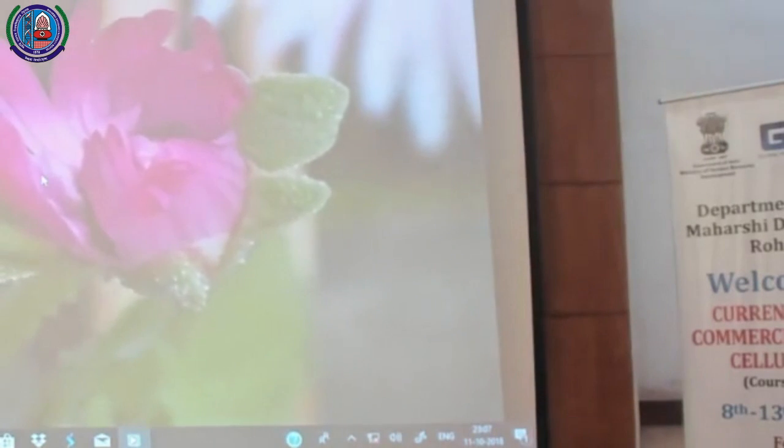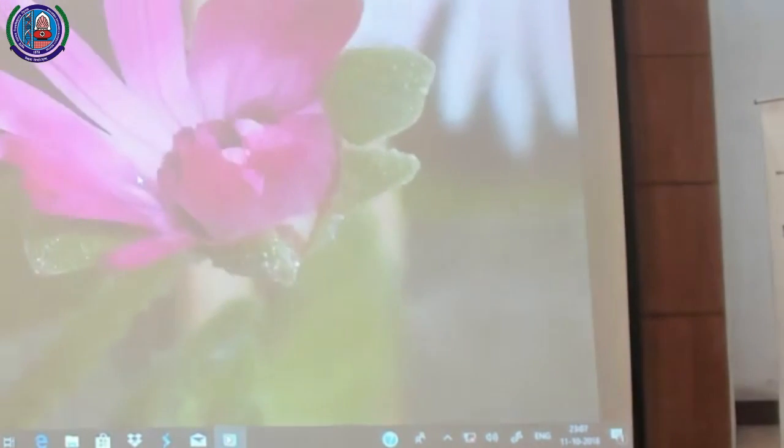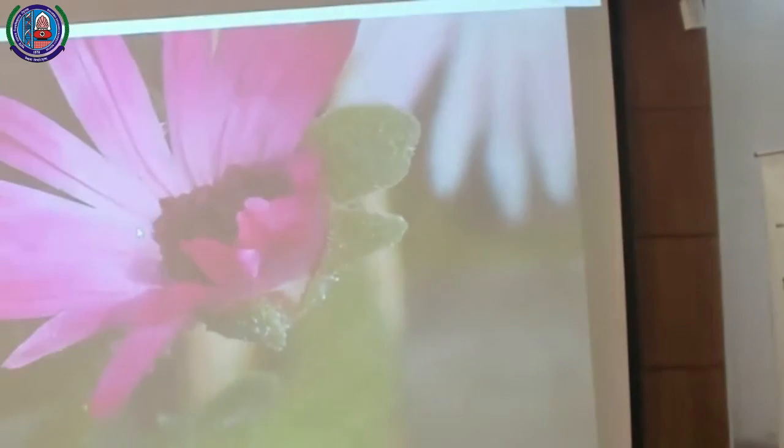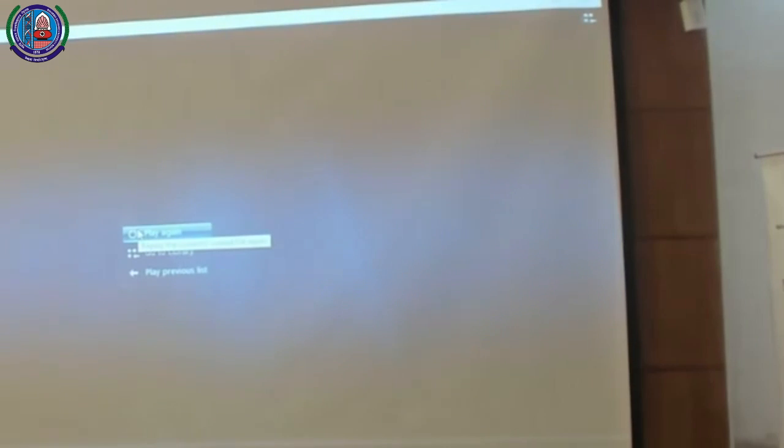This is a flower in my house. Every year it used to bloom. This is what I did: I took more than 450 photographs using my digital camera with a macro lens.